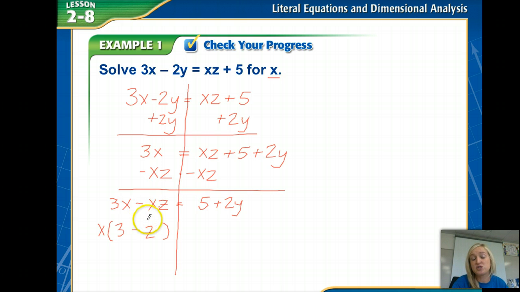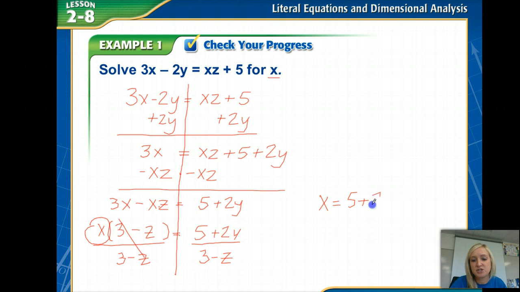Now I did this and eliminated that x and got it all by itself. I isolated the variable. On this side I still have 5 plus 2y. And now on the left side I can divide both sides by 3 minus z. This leaves me with only x on this side because these would cancel out. So my answer is x equals 5 plus 2y, divided by 3 minus z.